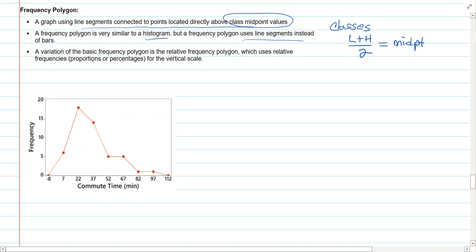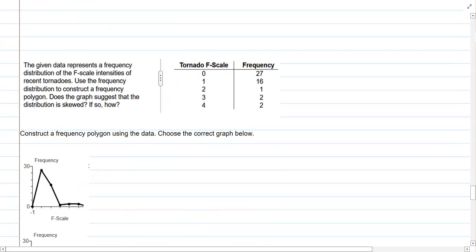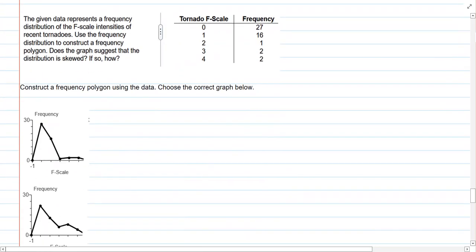A variation of the basic frequency polygon is a relative frequency polygon, which is percentages. And we studied those too in our frequency tables, which uses relative frequencies as proportions. So we just want to look at which one this is.